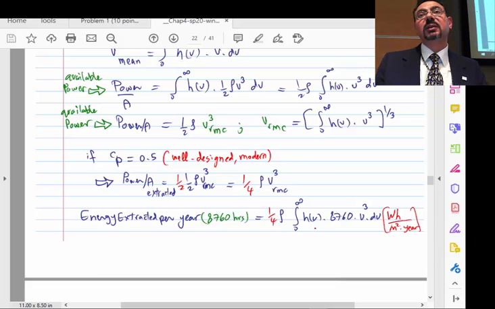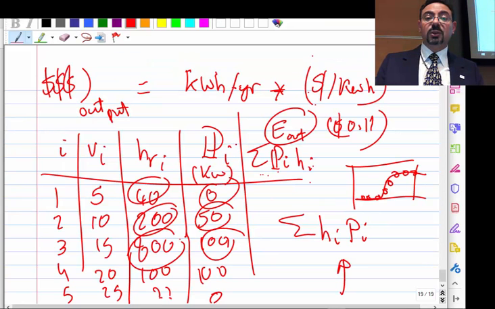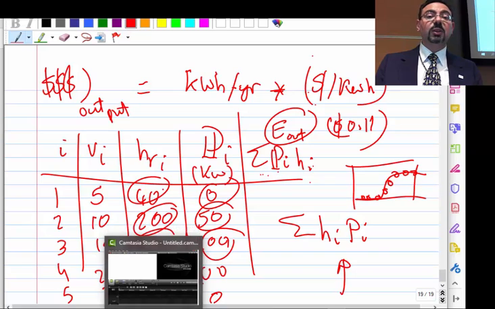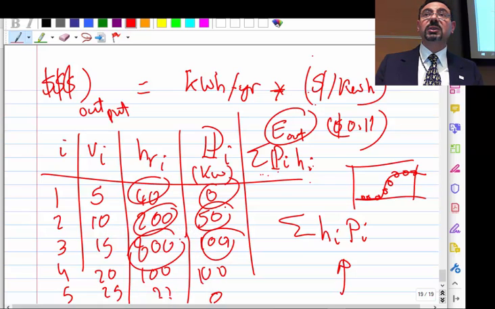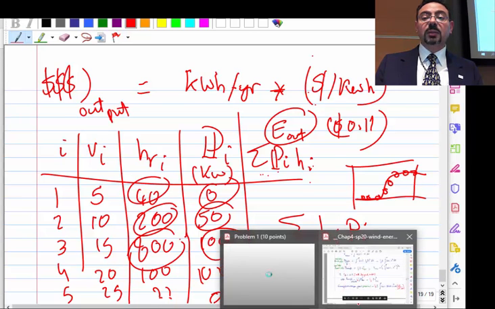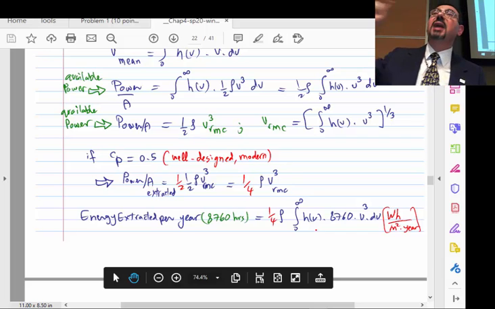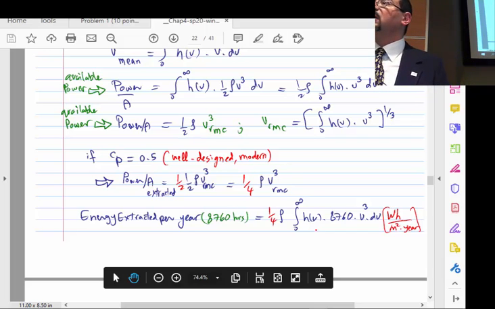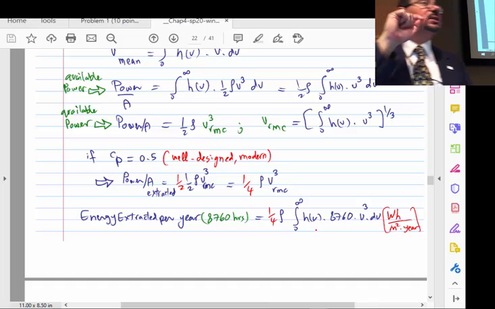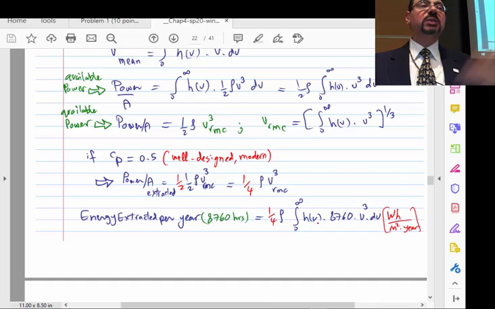It's the HV. So that big table that we made on the slide, tabulating all the hours and multiplying the hour by the power output and adding all of them to come up with how much total kilowatt hour, they can do it with one integration, because that HV is the hour division. That distribution function is, what's the percentage?